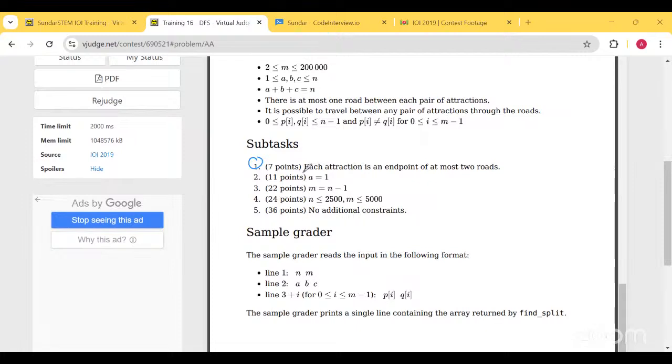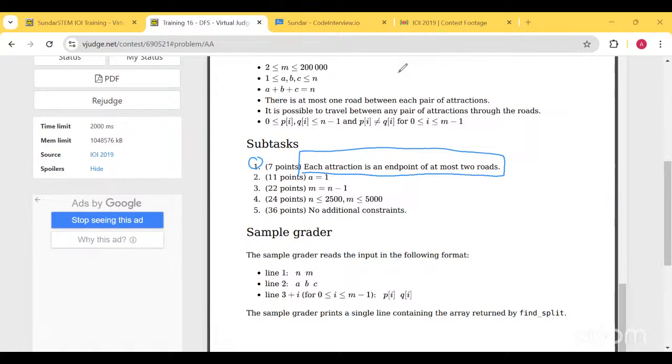Do you know what this constraint means? What does it mean? A chain, at most 2 edges for each node.